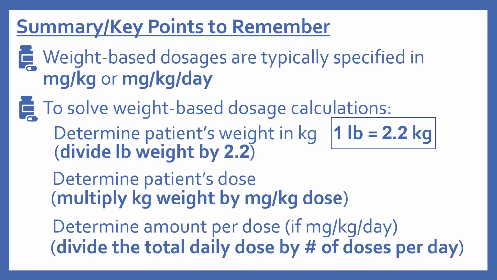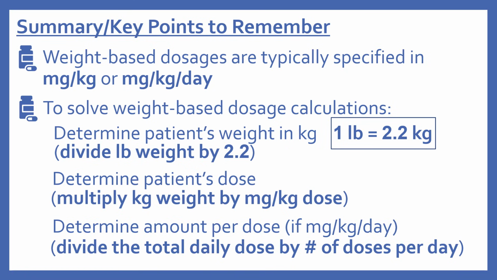Okay, so now we'll just look at a summary and some key points to remember. So weight-based dosages are typically specified in milligram per kilogram or milligram per kilogram per day. To solve weight-based dosage calculations, first determine the patient's weight in kilograms. Remember, 1 pound equals 2.2 kilograms. And a shortcut to do this, you can just divide the pound weight by 2.2.